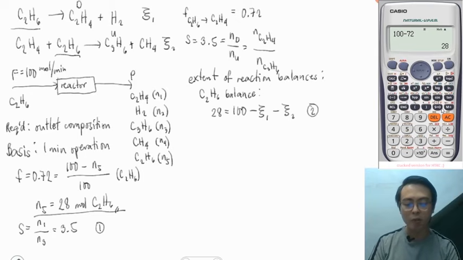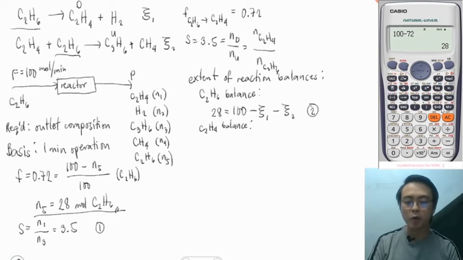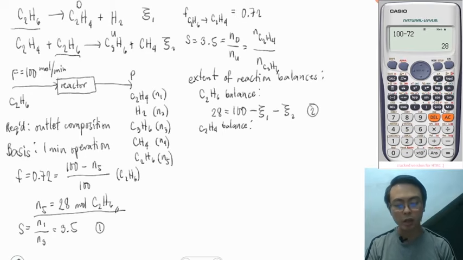Let's perform another balance. What balance would be useful for us? Let's try the C2H4 balance. C2H4 is a product in the first equation, while it's a reactant in the second equation. So what should that balance look like? The outlet C2H4, N1, is equal to input 0.